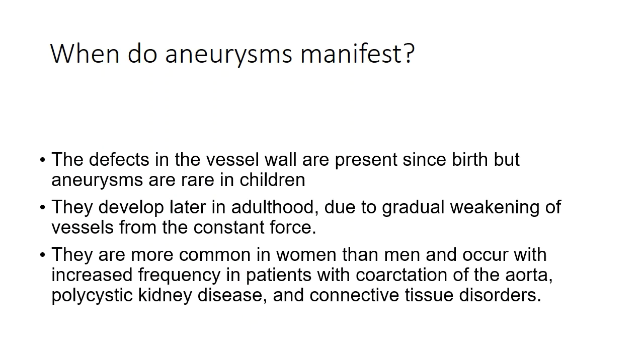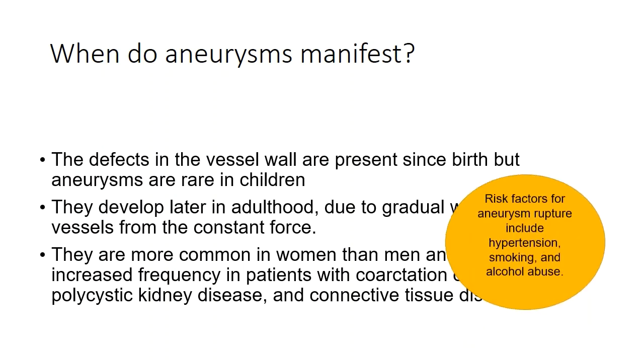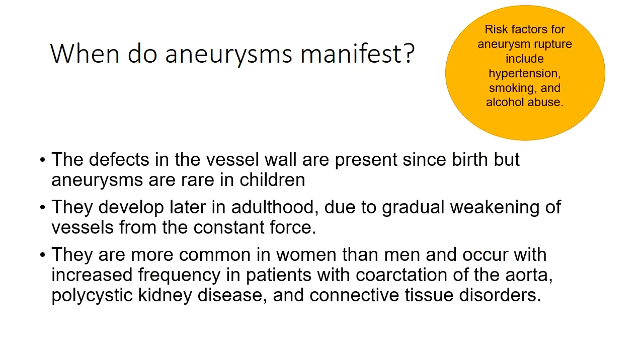They are more common in women than men and occur in patients who have either a coarctation of aorta, polycystic kidney disease, or for that matter, any connective tissue disorder which causes a gradual weakening of the vessel wall. It must be noted that there are certain risk factors which result in rupture of this aneurysm, and these risk factors include hypertension, smoking, and alcohol abuse.